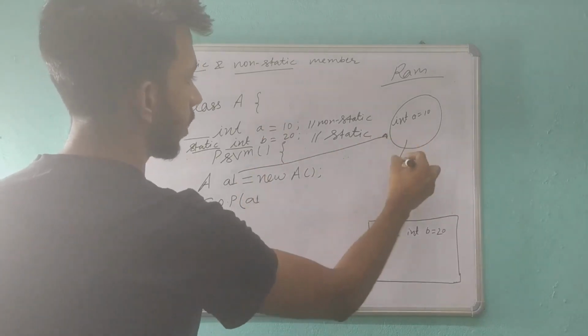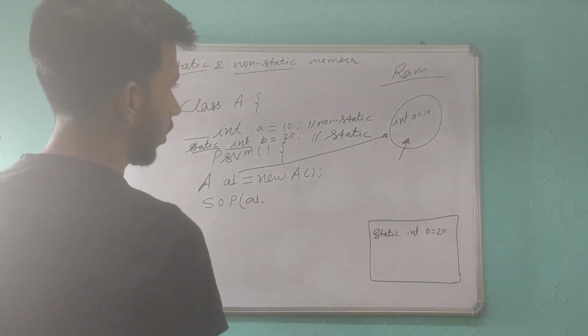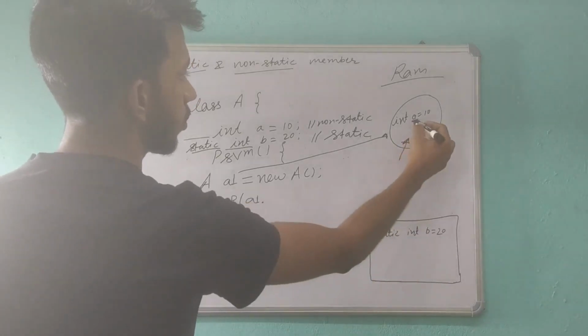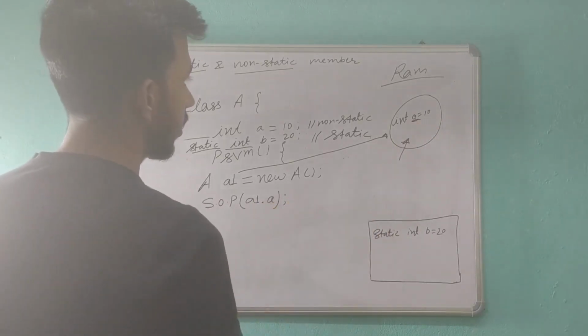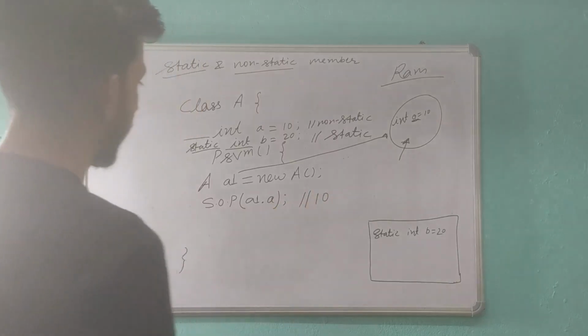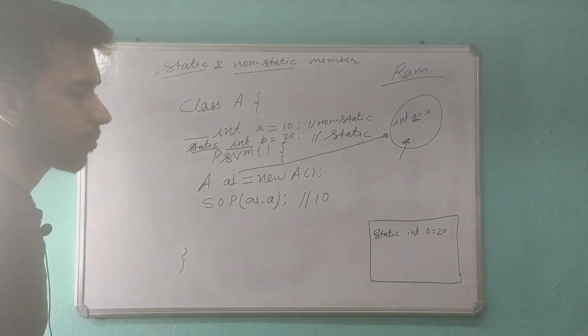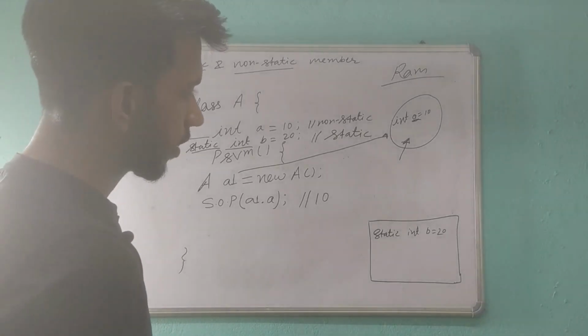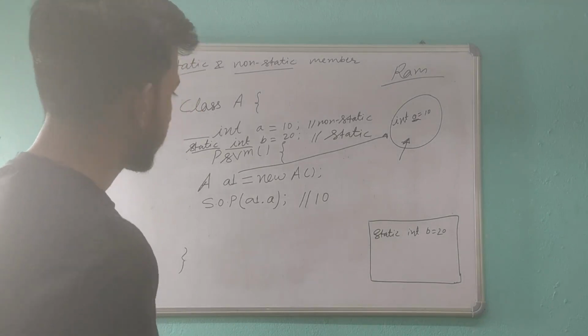To enter this object, we write dot, and to access a, we write a. It will print 10. This is how we access the non-static members.